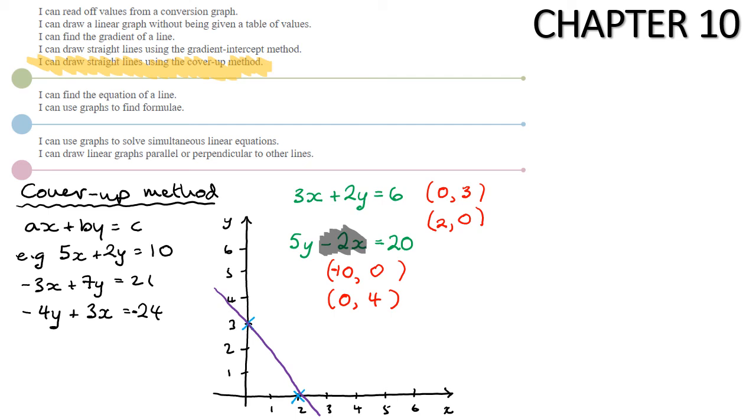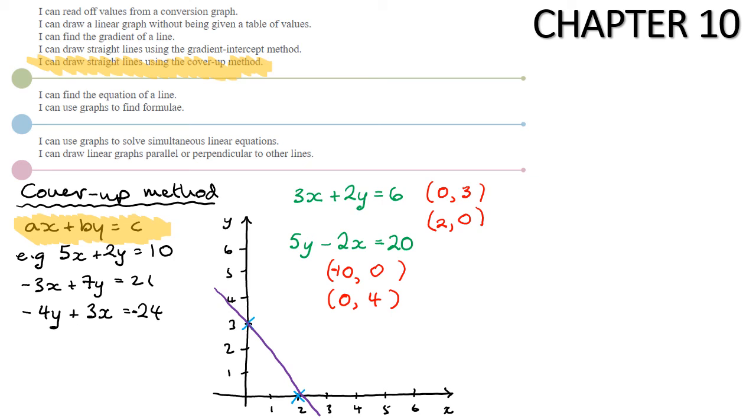So these would be the 2 coordinates that I would use to plot that line. Okay, so that's the cover-up method. Use it when you see equations of lines given that look like this. If it's given in the form y equals mx plus c, like the last ones we've done, then you should use a table or use the gradient-intercept method.